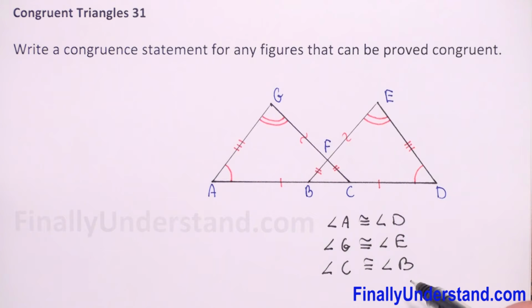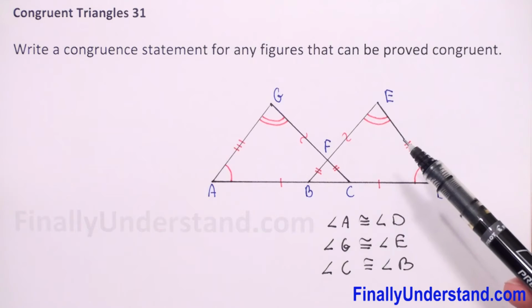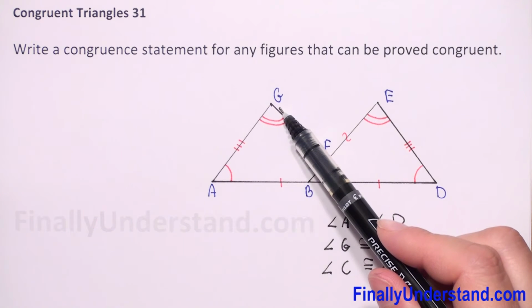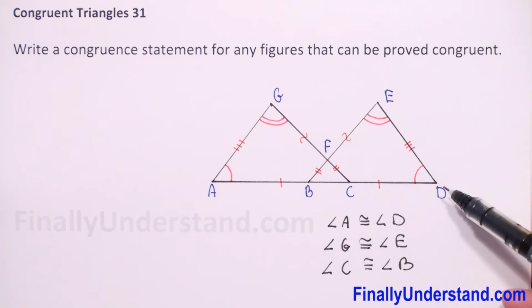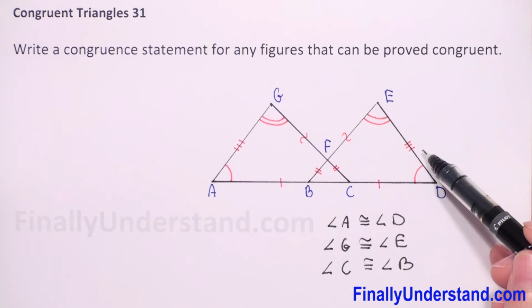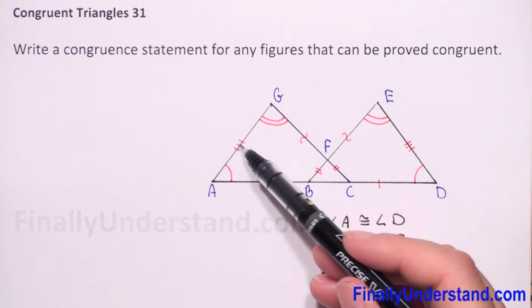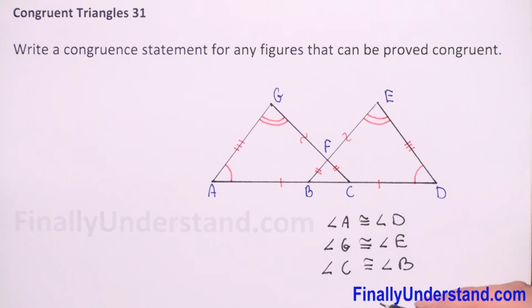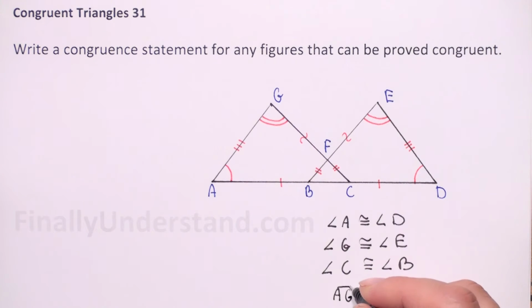Next, let's see two sides. We have that side AG is the same like DE. Why? Because we have these three segments. So it means that side AG is congruent to side DE.